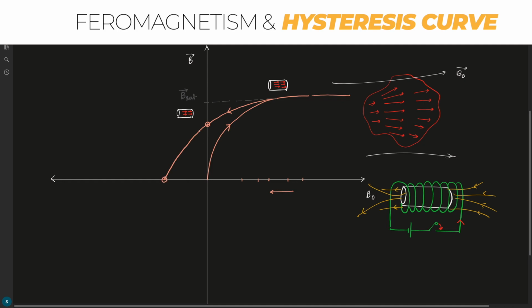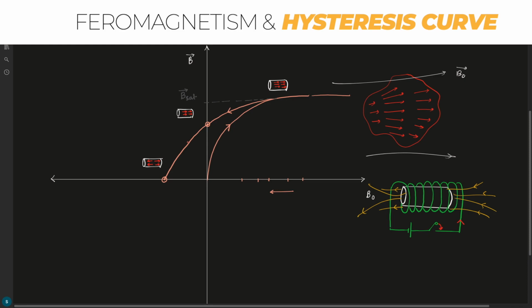What that means is that at this point, all the dipoles that are in the opposite direction will basically nullify the effect of the internal magnetic field, and there will be no non-zero magnetic moment inside of this ferromagnetic substance.